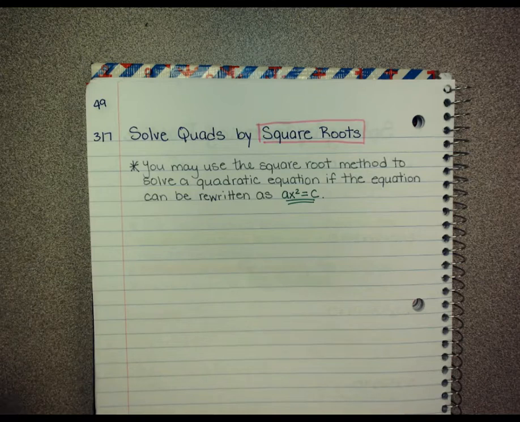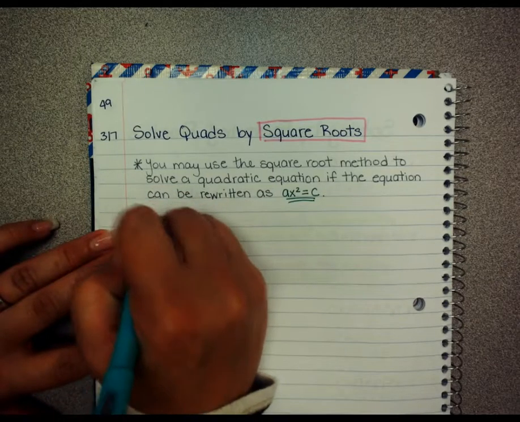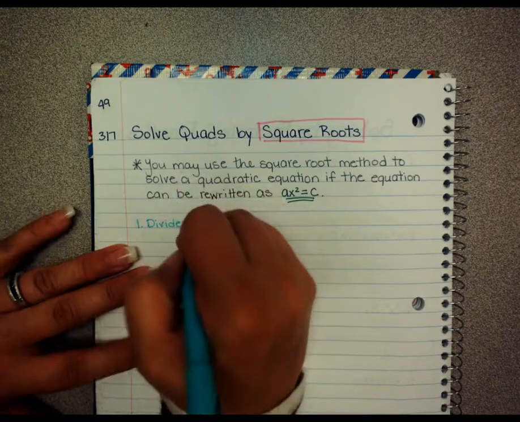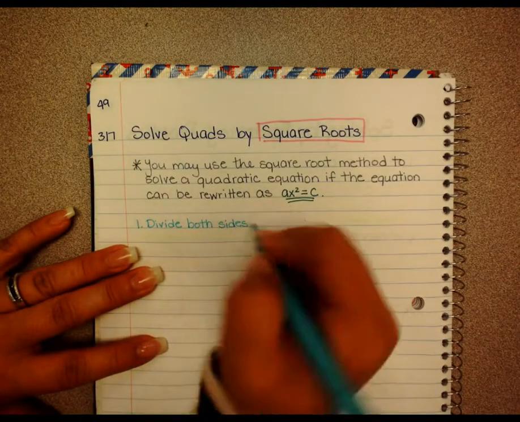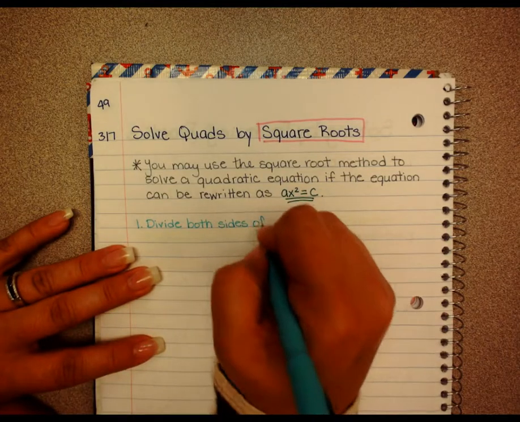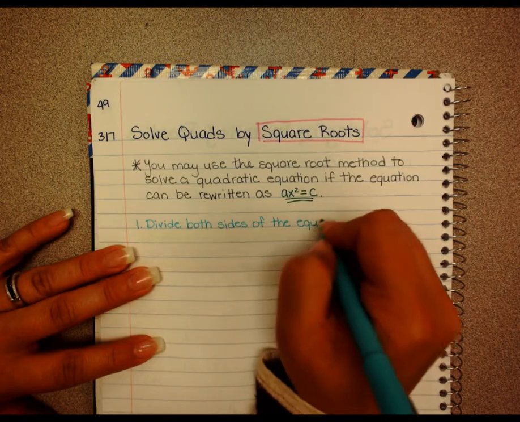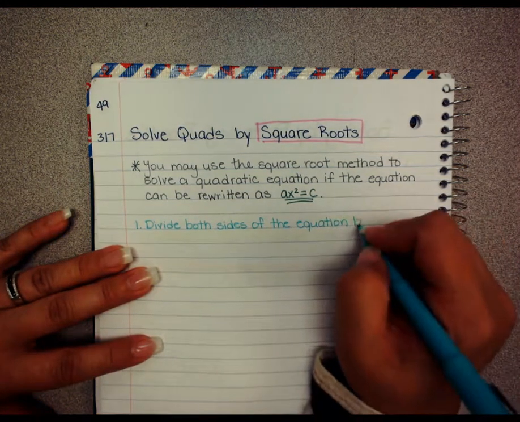Okay, so there's only 2 steps to do this type of method. Step number 1 is to divide both sides of the equation by a.